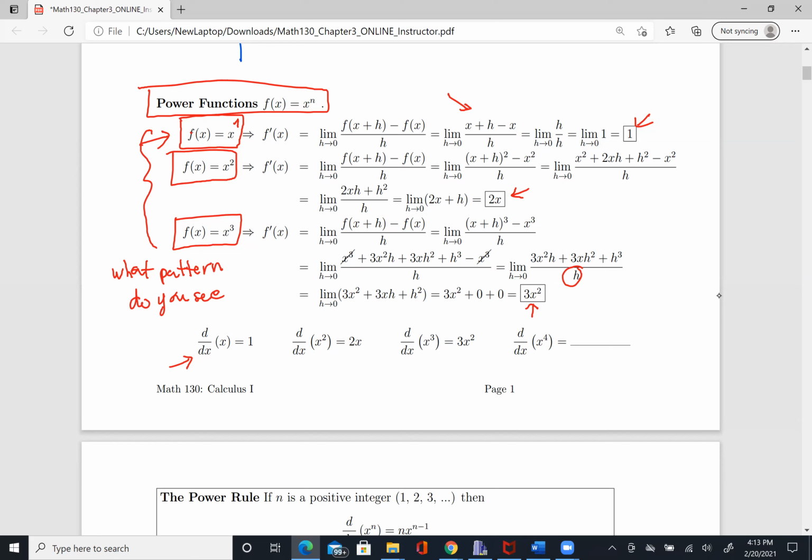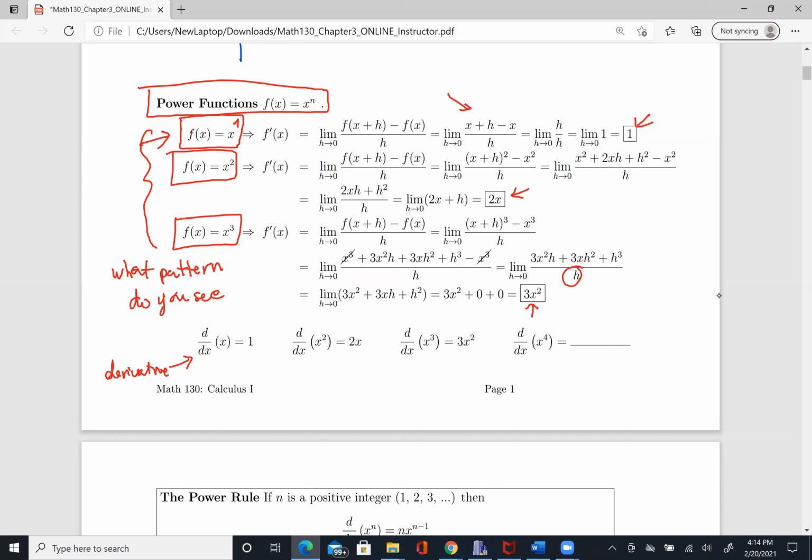Okay, and the derivative of x squared will give me 2x. Okay, and keep going with the derivative of x to the power 3. I have 3x squared.